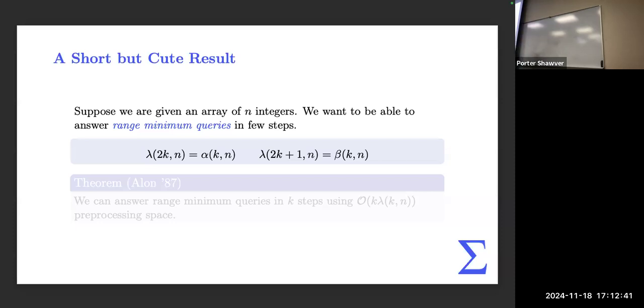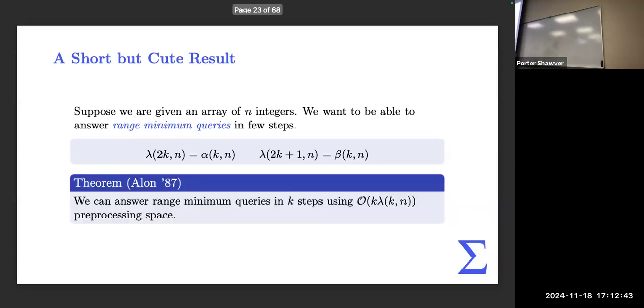We're given an array of numbers from 1 through n, and then our user could give us a range to query from. Maybe it'll take from this range or from this range. And then we want to tell the user what the minimum number in the specified range is.